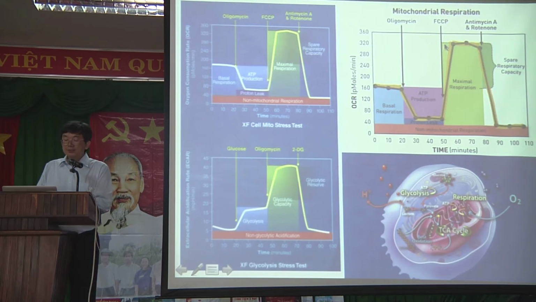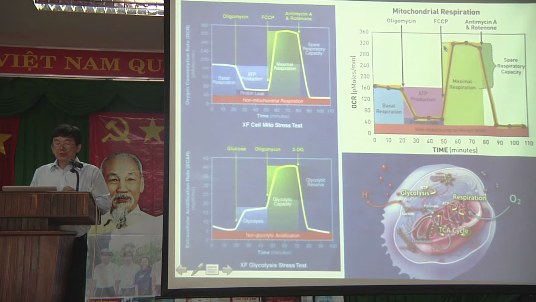So in these in vitro experiments in these analyzers, you measure the OCR, the oxygen consumption rate, and the extracellular acidification rate, which is the proton secretion rate.